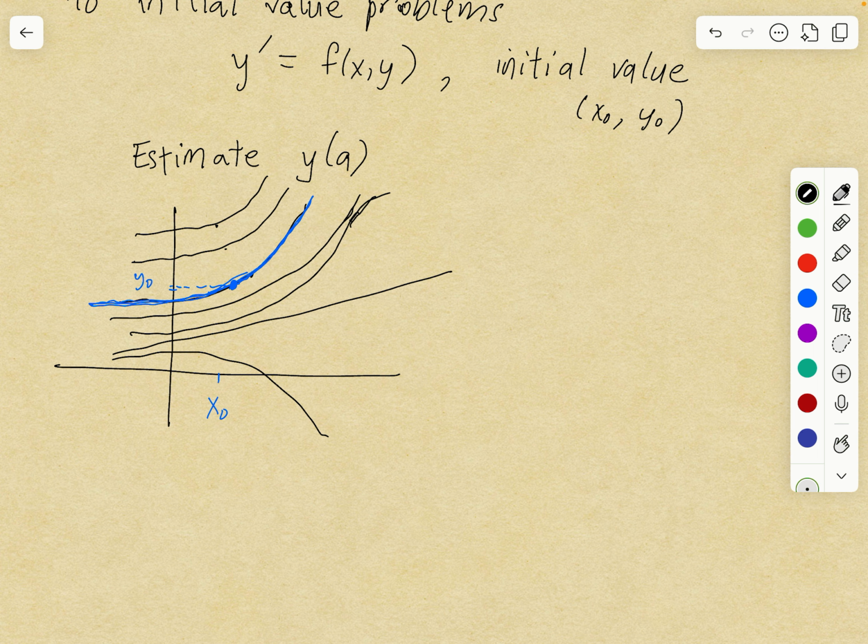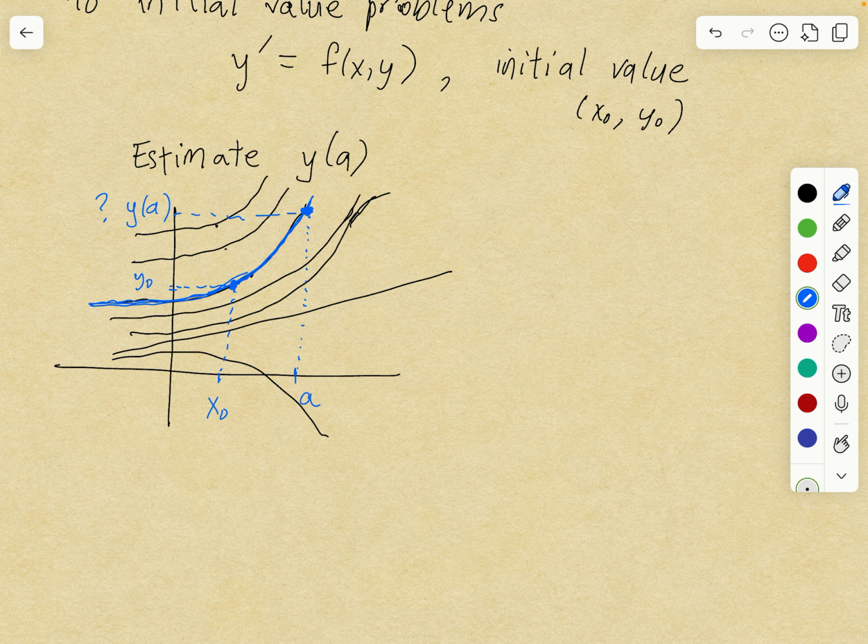So here's the idea. So again, we have some value a, maybe here, let's say, and we know that at x0, the y value is y0. Now at a, in this picture, y of a would be up here, right? So the question is, what is that y value?